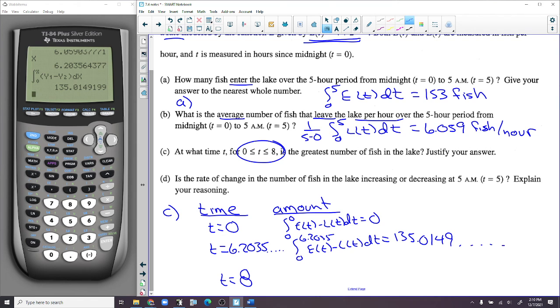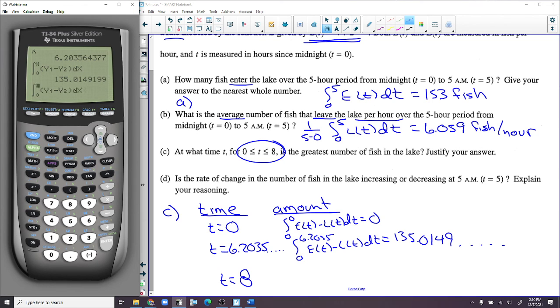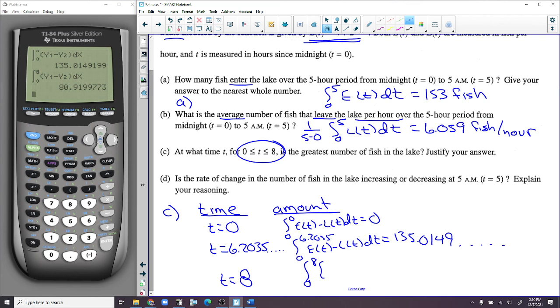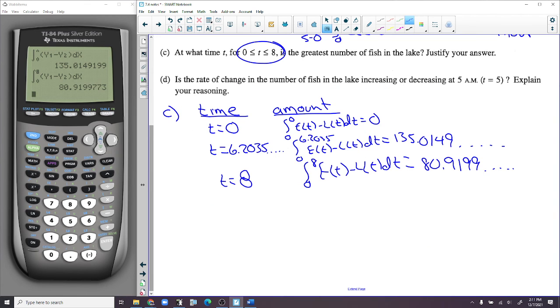And now we need 8. So all I've got to do is come up here, press enter, change that x to an 8. So the integral from 0 to 8 of E of t minus L of t dt is equal to 80.9199.